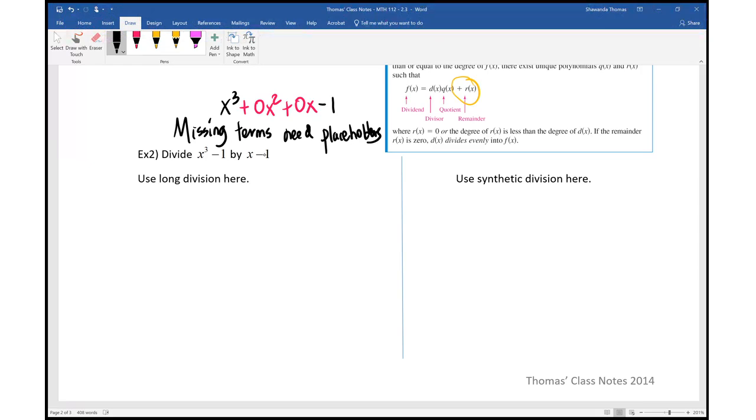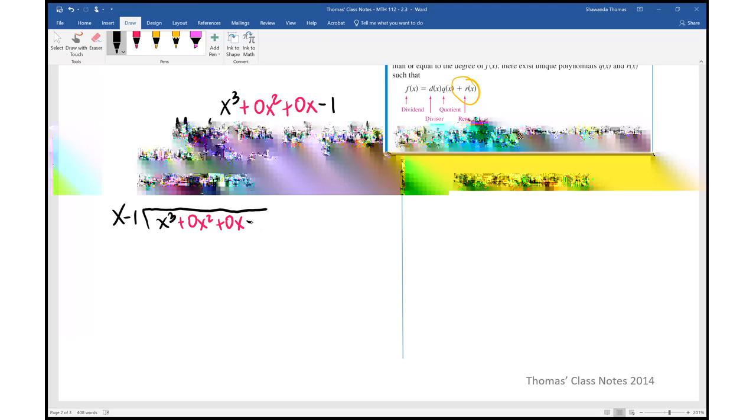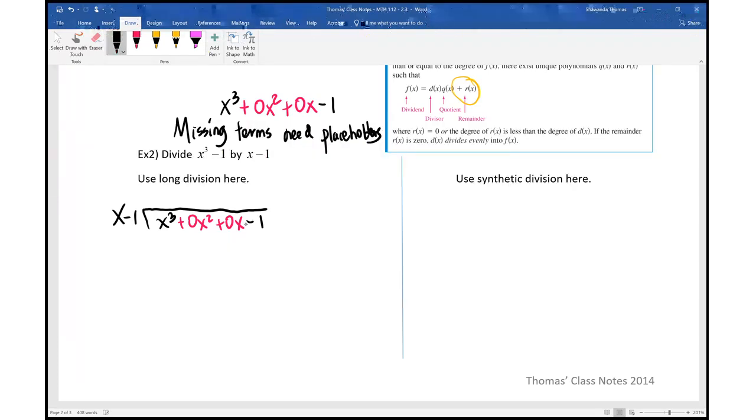So let's use long division first. So that's x minus 1 divided into x cubed. And again, we're using placeholders, and I'm just putting this in a different color to emphasize you need those placeholders in there. So x times what is x cubed? That's x squared. And then we're going to multiply x squared times the entire divisor, which gives us x cubed minus x squared.